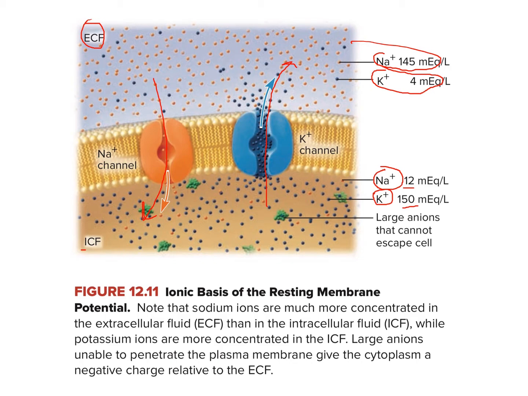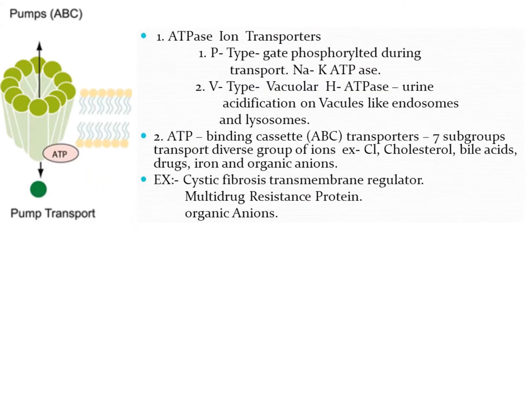Well, because we have pumps, and we have sodium, potassium, ATPase. What are these pumps? These are pumps that are responsible for pumping sodium outside and potassium inside. This is potassium. This is sodium.